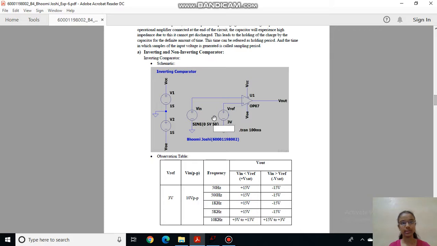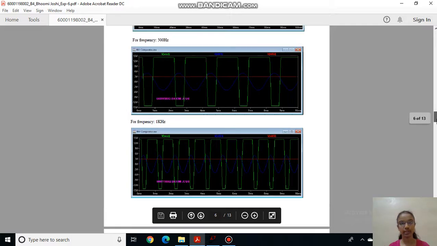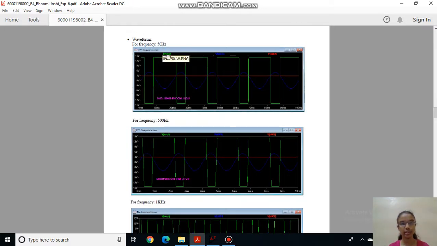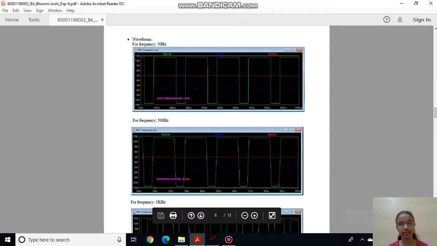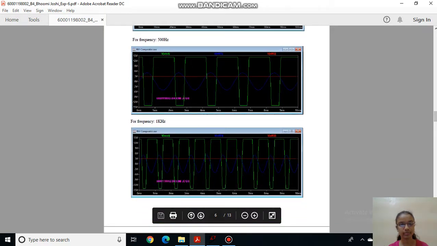So as we have seen, this is my inverting comparator circuit. So now let us see. We have already seen for 500 Hertz. So this is my output waveform for 50 Hertz frequency. This is for 500 Hertz and this is for 1 kilohertz.